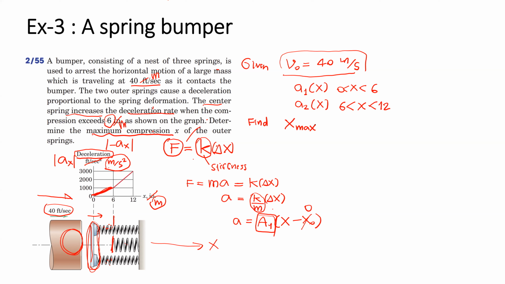Now we still don't know whether it will stop in this region before touching the third spring, or go further than 6 meters into the region where the third spring is active. We still don't know, but from what the problem gives, we are trying to compose the mathematical description of the deceleration as a function of x first.